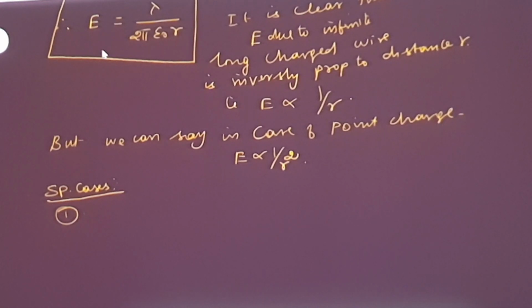When you are considering the direction, the electrical field is always acting in the perpendicular direction to the wire. When you are considering electrical field, it is a vector quantity. So we have to say the direction. So I can write like this: the direction of electrical field is always perpendicular to the wire.